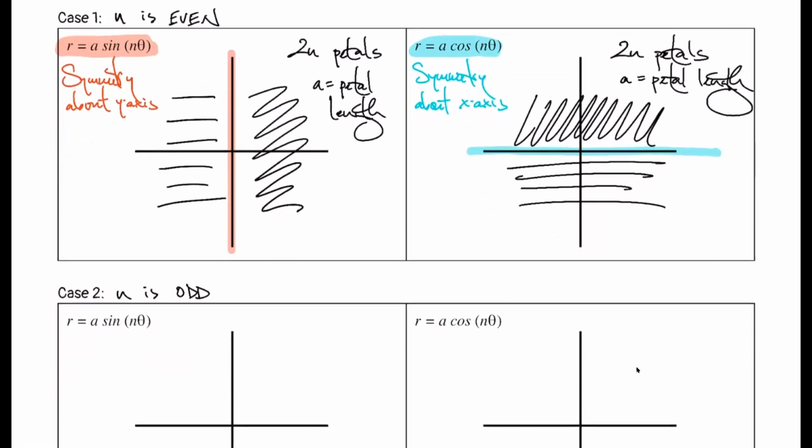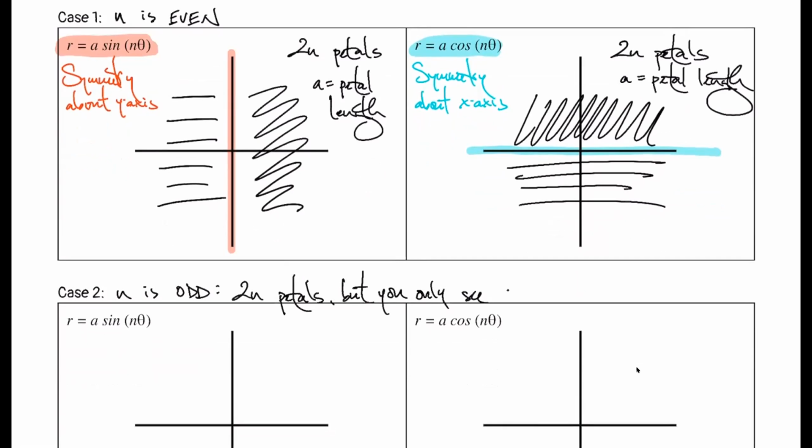So maybe we write that down: there are 2n petals, but you only see n of them because they're superimposed on top of each other. The symmetry part is the same though. Anything with sine is going to have symmetry about the y-axis, and anything with cosine is going to have symmetry about the x-axis.